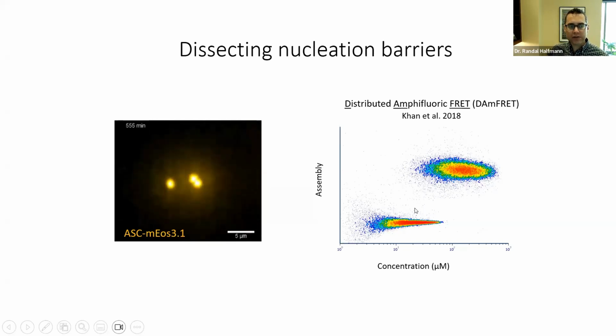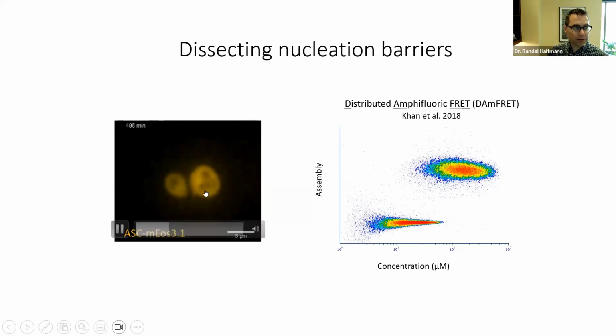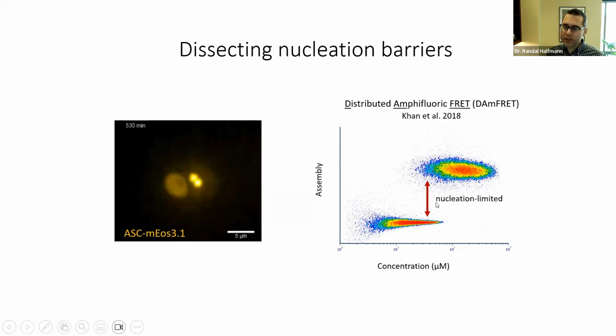And you can appreciate that there's really two populations of cells here corresponding to the soluble state and the punctate state. And what you can appreciate is that there's a gap, right? So these two populations are discontinuous. And what that tells us is that this transition is nucleation limited, right?